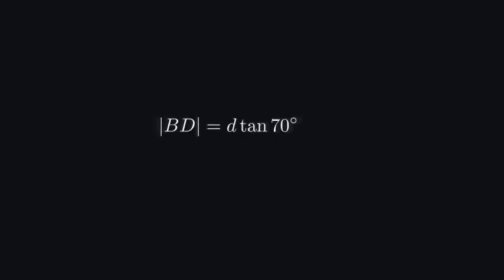Length of BD equals d tan of 70 degrees. Keep units consistent. Identify the two right triangles. Use tangent in each triangle. Equate the common height.